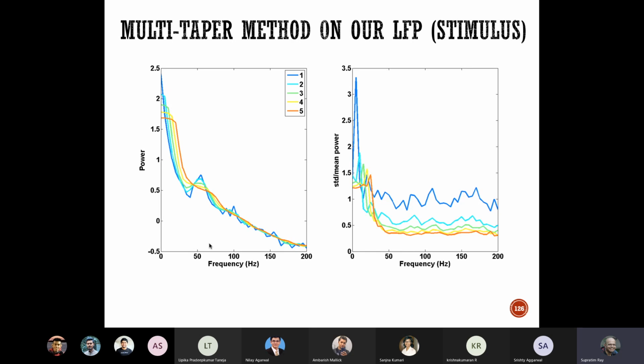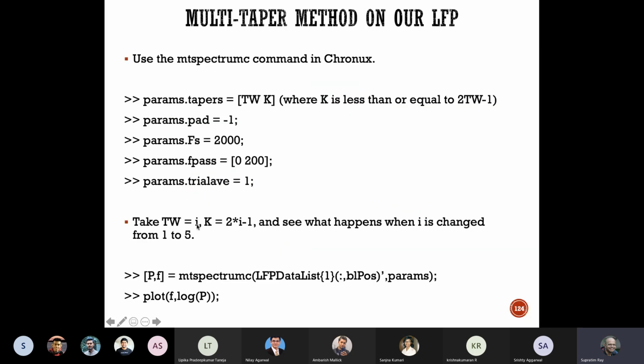But if you only had 5 trials or 10 trials, where the spectrum otherwise would have been very, very noisy, in that situation it makes sense to sacrifice a little bit of your frequency resolution by increasing the number of tapers. This number here is the time-bandwidth product, TW, whose minimum value is 1.